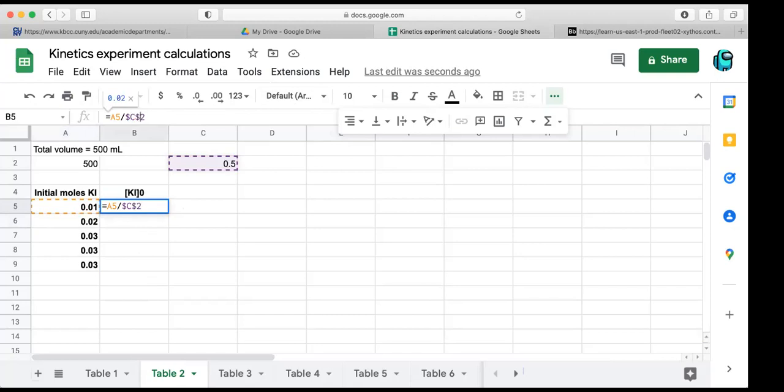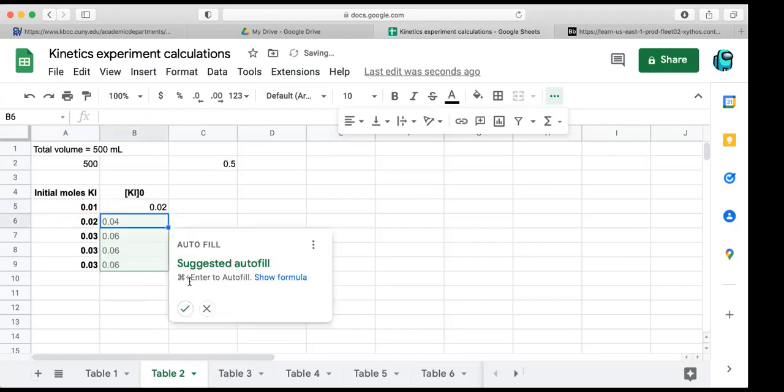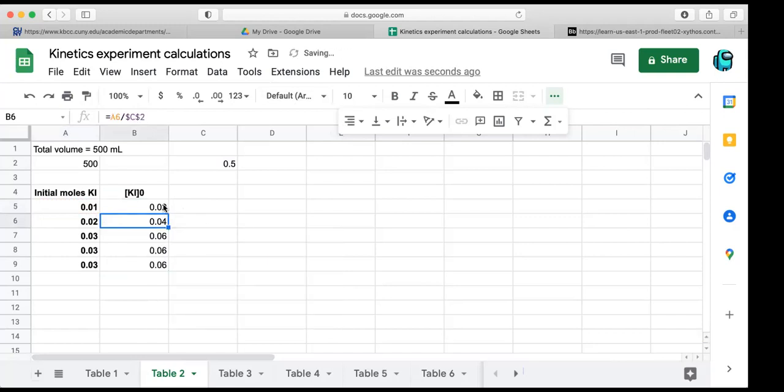So you put $, the letter, and then $, the number. Now you can autofill. If you just put C2 and then autofill, it's going to do the next one, C3, and there's nothing there, so it will get confused. So you put $C, which tells it to just use the value in that cell for all of the ones we're doing here.